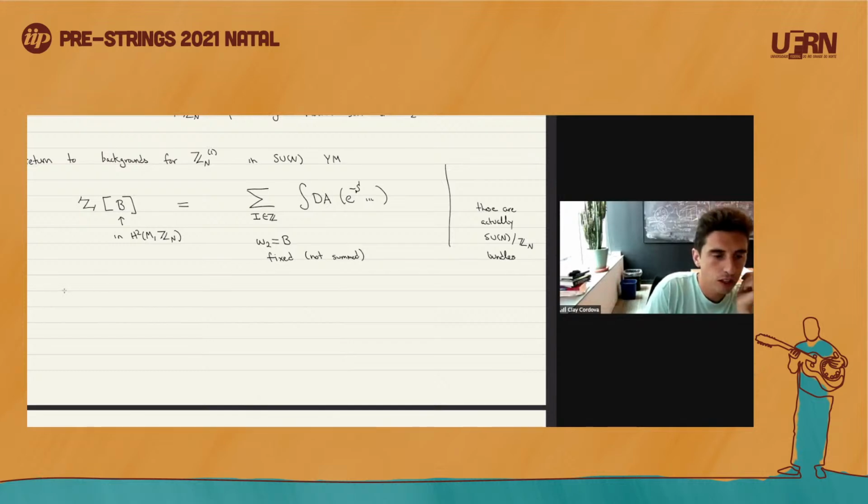So then we can continue and ask, what does it mean to gauge Z_N^(1)? First of all, what do I mean by this word? What I mean by this word is to sum over background fields.